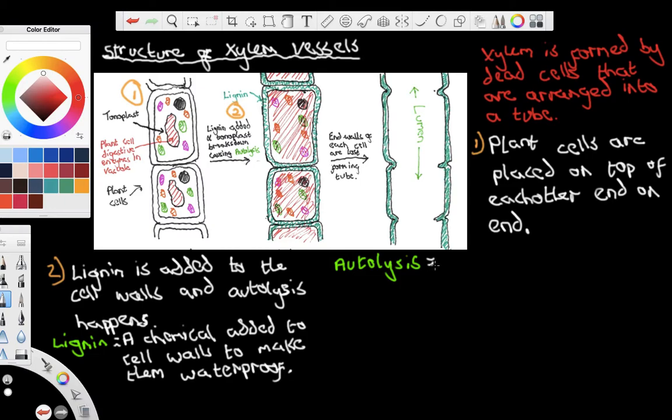So the self-digestion of a cell by its own enzymes.